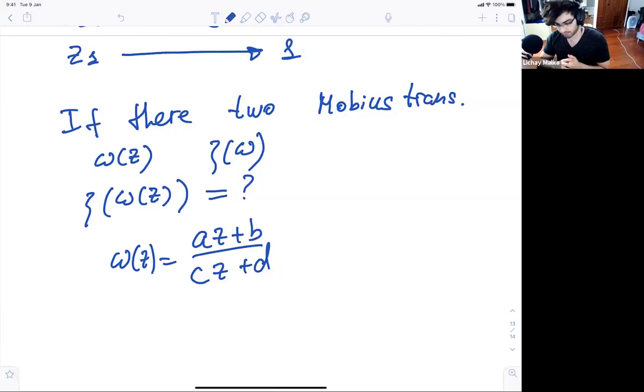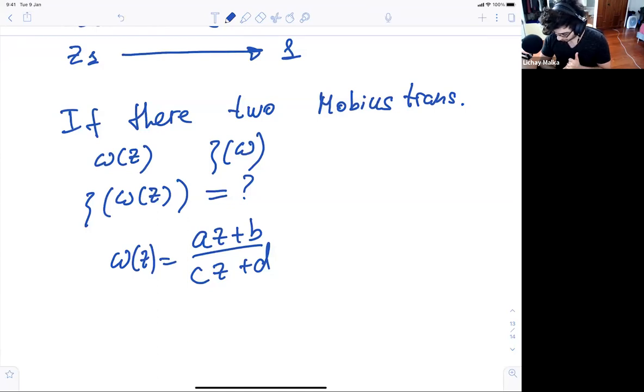So maybe we can say that, well, it's not linear. It would be an inverse of z, right? It's not, because you'll have z in the denominator.